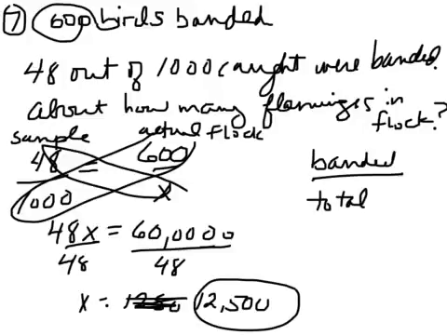If I were to come up with 1,250 birds, that's just barely more than they even caught for their sample. So I knew that I had done something wrong, and what I had done is not write enough zeros down, so that's why I was getting an answer that wasn't right. So use things like estimation like that to help check your work so that you can catch errors too.